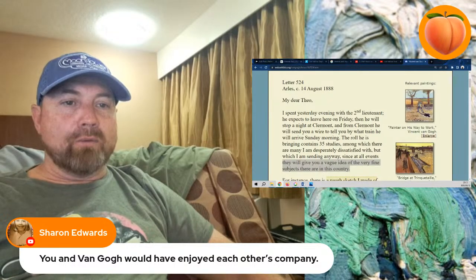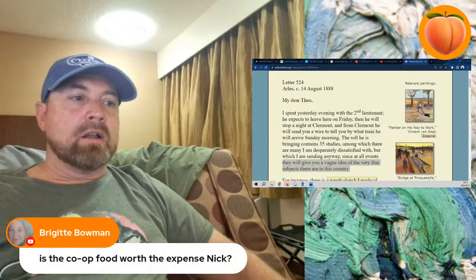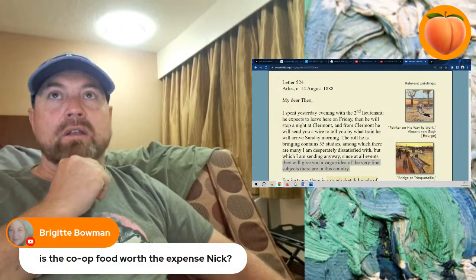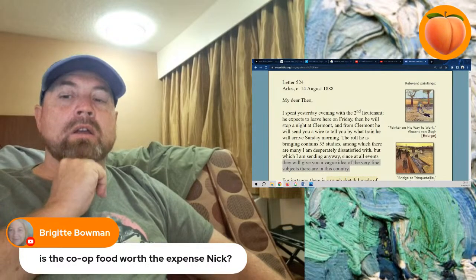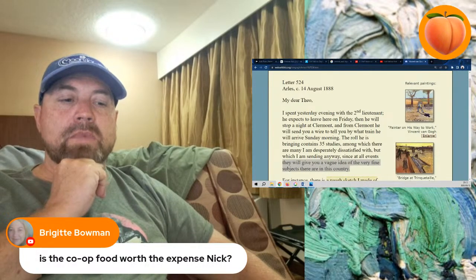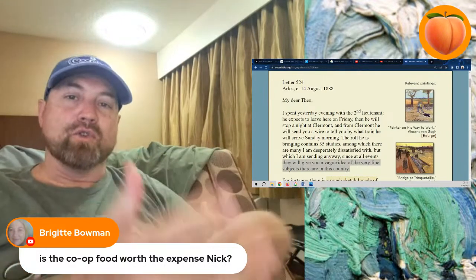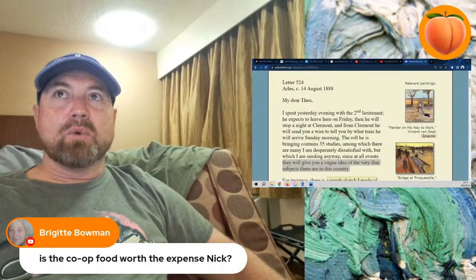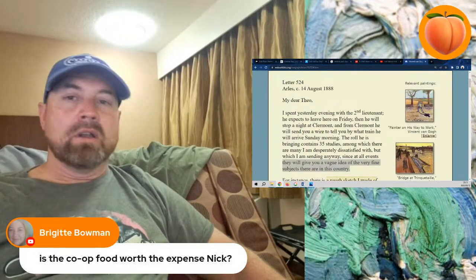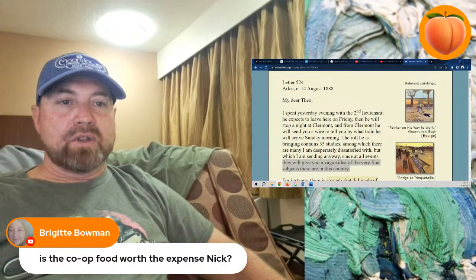Bridget says, is the co-op food worth the expense? I like it because it's healthy. It is quite expensive, but I like it because it's healthy, and it's warm. It's sort of cooked food. And I don't always want to go into a restaurant. So that's really the reason.